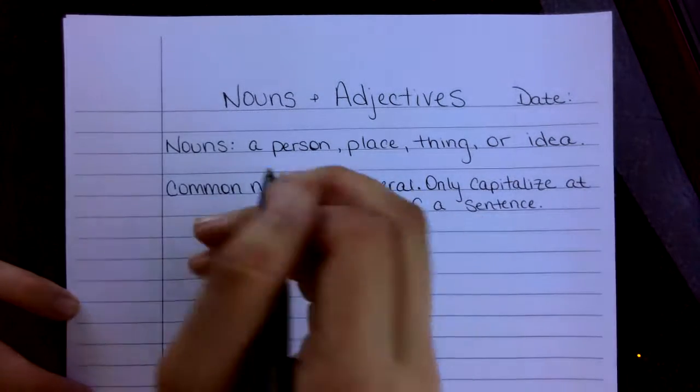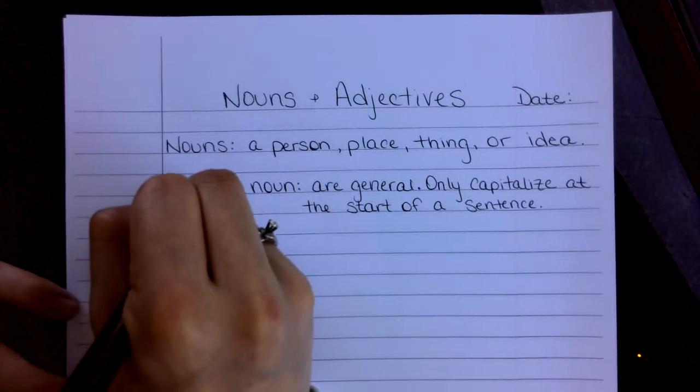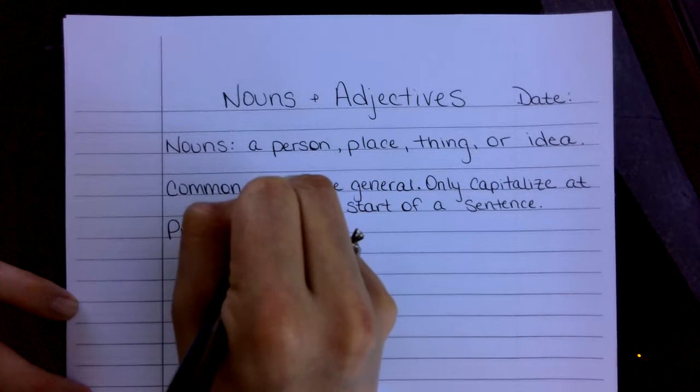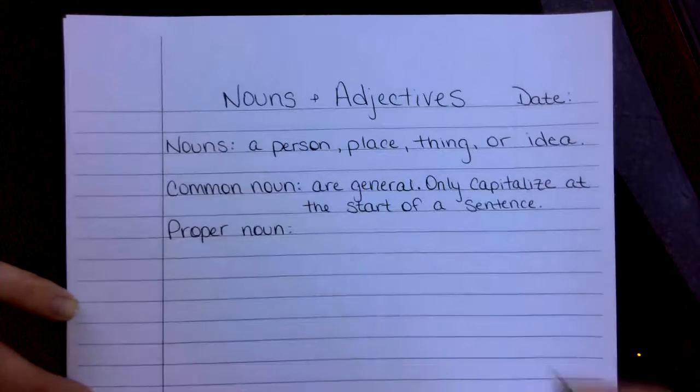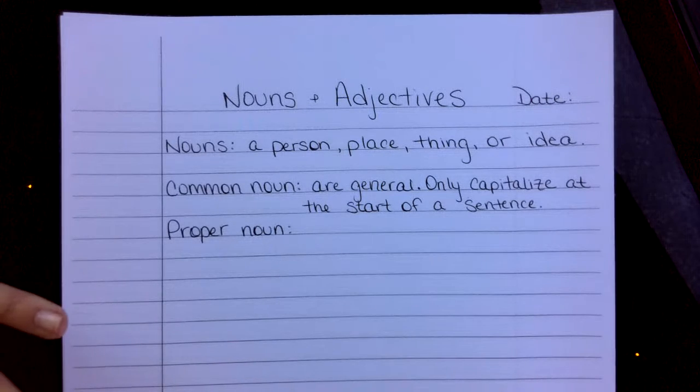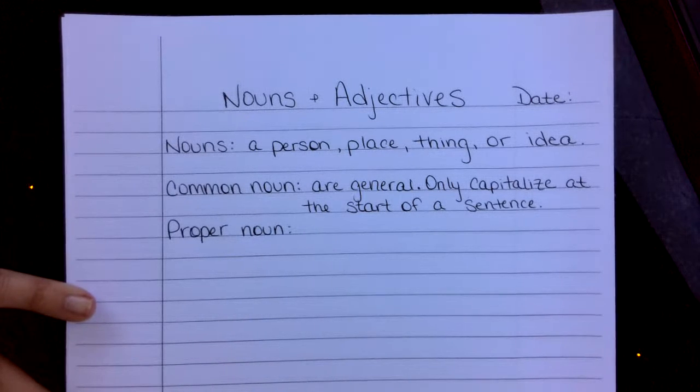All right. The other type of noun, it's a proper noun. It's a fancy noun. These ones are more specific. So these refer to a specific person, place, or thing. Like dog. Instead of saying that's my dog, I would say that's Wesley. My dog's name is Wesley.